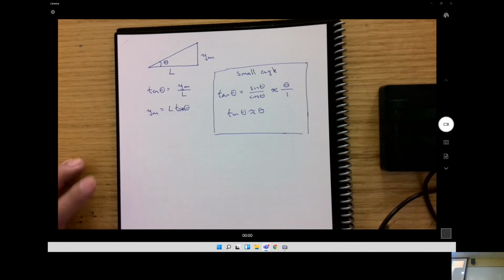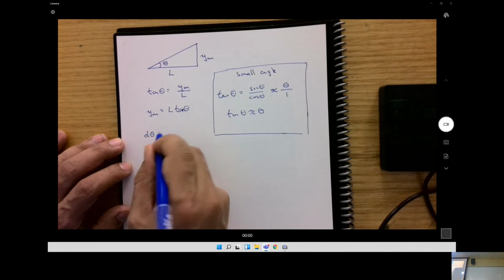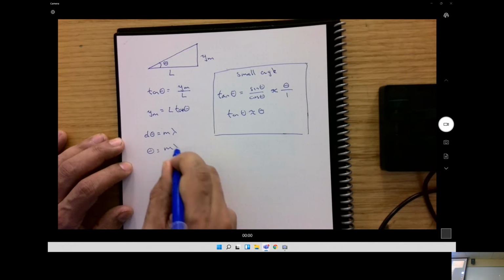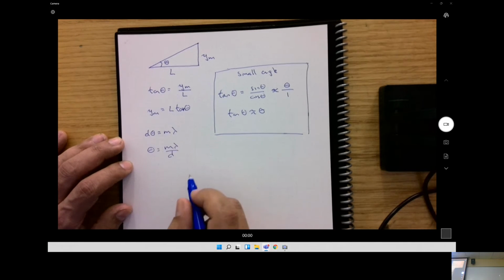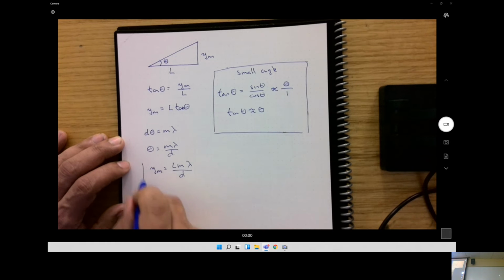Which is convenient because I already have another expression that involves theta. So d times theta is equal to m lambda. Theta will be m lambda over d. And from here, I can say that y of m is going to be L m lambda over d.